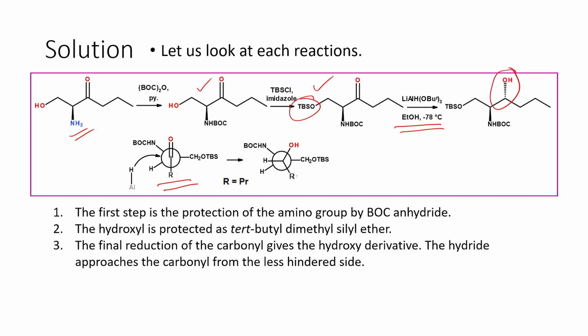Here we have a tri-tert-butoxy aluminium hydride, which is a pretty bulky reagent. Since it is a bulky reagent, the hydride transfer takes place from the less hindered site. We can draw the molecule as shown here, like a Newman projection. The hydride ion comes and attacks the carbonyl from the least hindered site, that is, close to the hydrogen which is present.